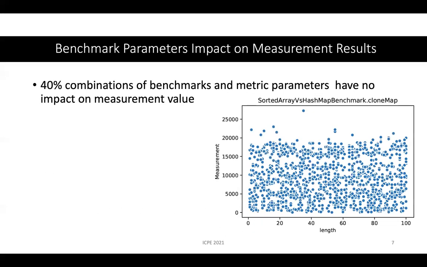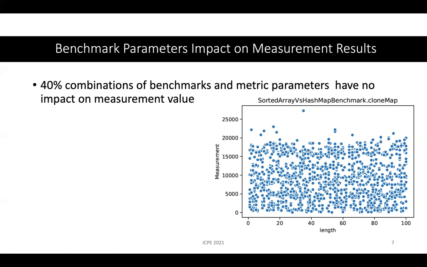So we obtained many different results, but in this presentation, we give just a snapshot of a few results. In 66 combinations of the benchmark and the metric parameters, which constitute about 40%, we observe that the parameter was uncorrelated with the measured benchmark value. In the following figure, a metric parameter, which is the length, does not impact the benchmark result at all.